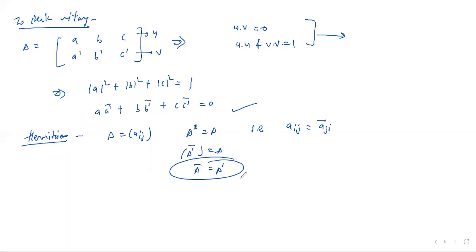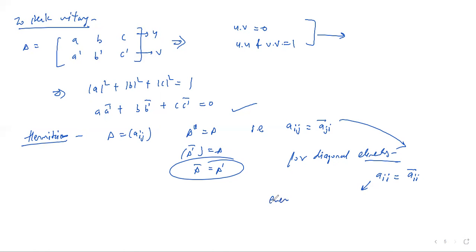So if we look at the diagonal elements, we have Aii is equal to Aii conjugate by applying this. Okay, Aii is equal to Aii conjugate, and so from this we can see that every diagonal element of a Hermitian matrix is real, because that will be the only possible case when Aii is equal to its conjugate.